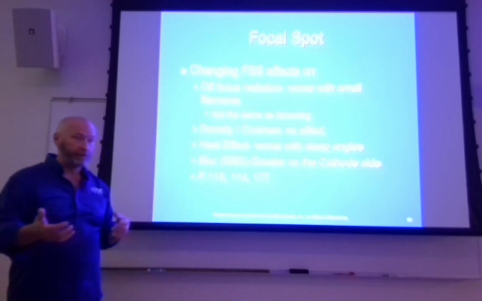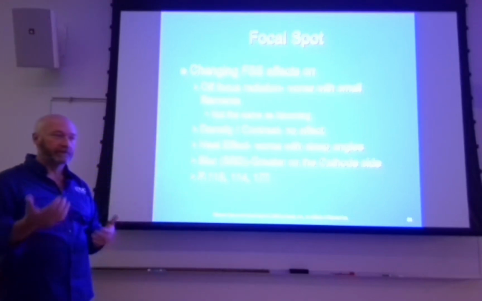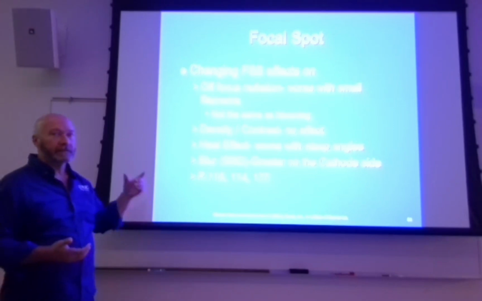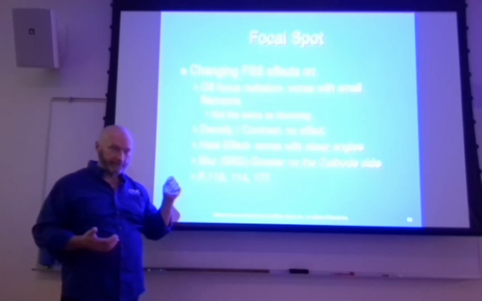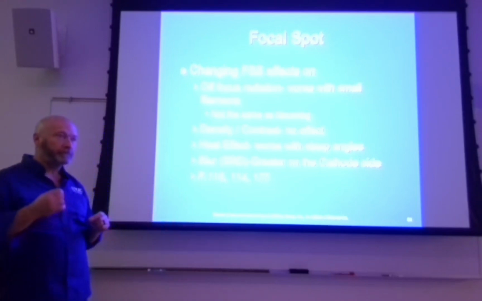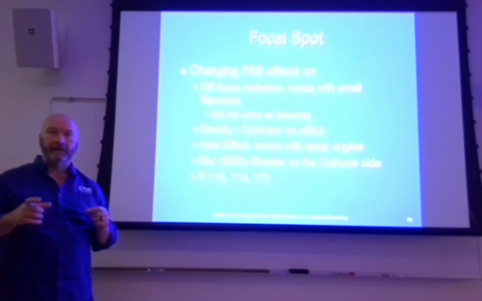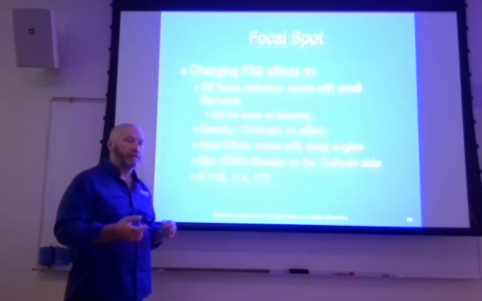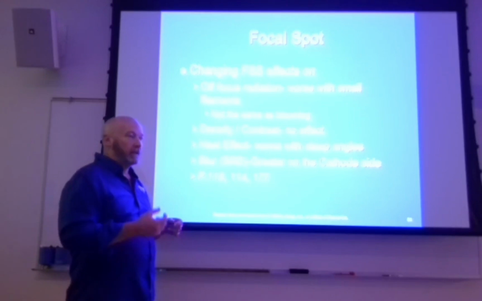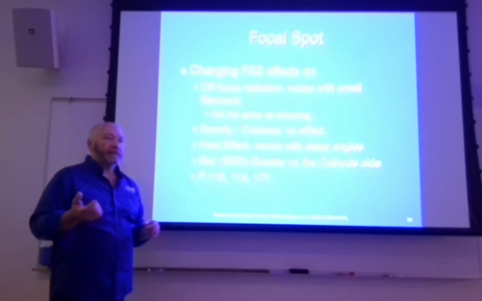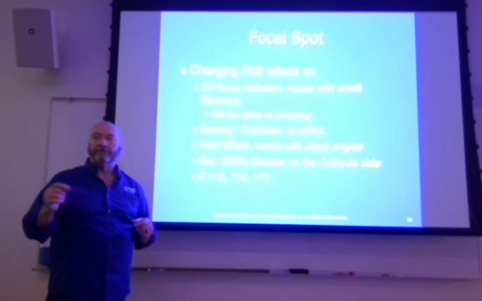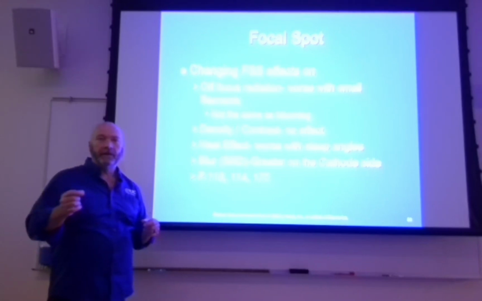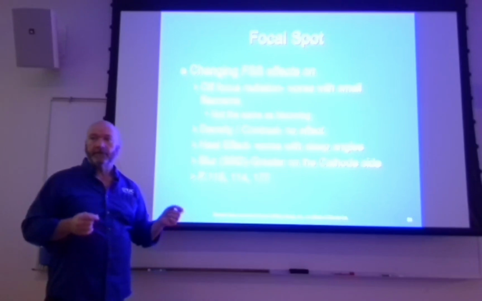If you read into Bushong's where it tells you what the allowances are for focal spot sizes, what you'll find is the smaller the stated focal spot size, the larger it can be measured and still be within regulations. For example, if you're looking at a microfocus tube and the focal spot size is stated to be 0.5 millimeters, it can be as much as 1 millimeter and still be okay.